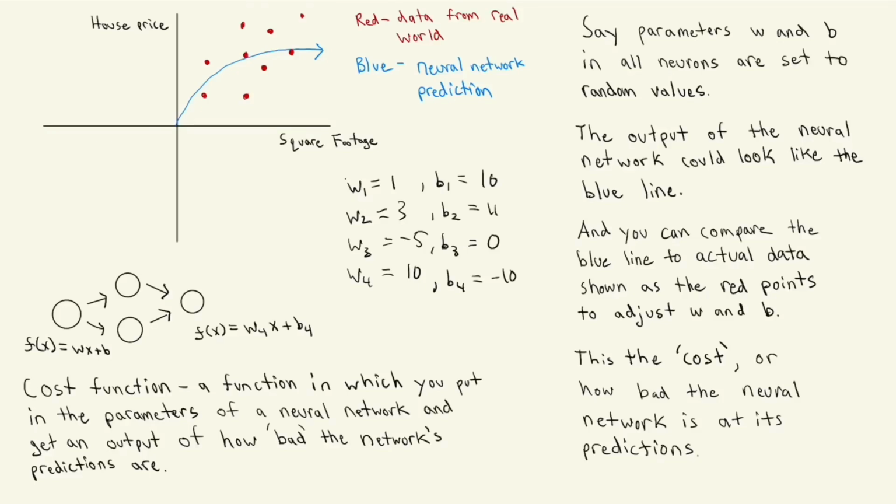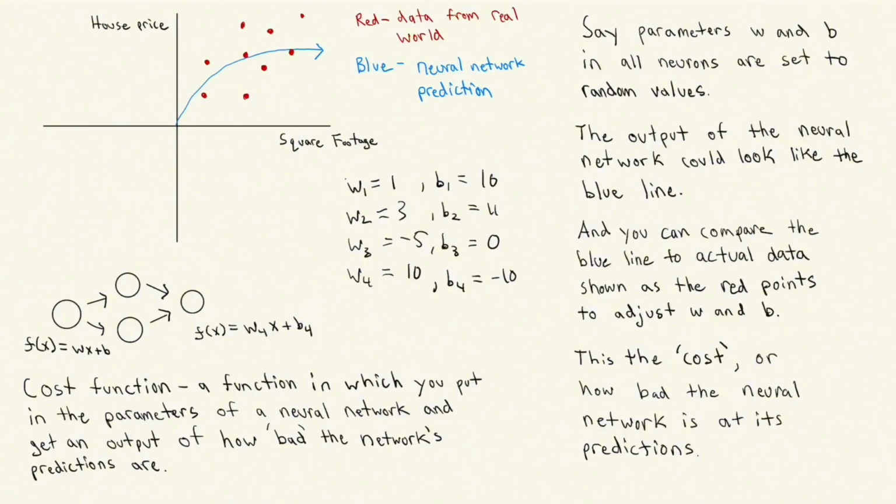So say that we have randomly set the neural network to have these starting values as the parameters. This W1 here is equal to 1, this B1 is equal to 10, and here W4 is equal to 10, and B4 is equal to -10.